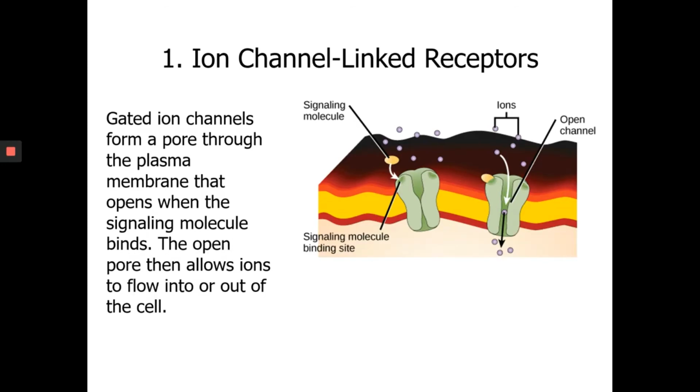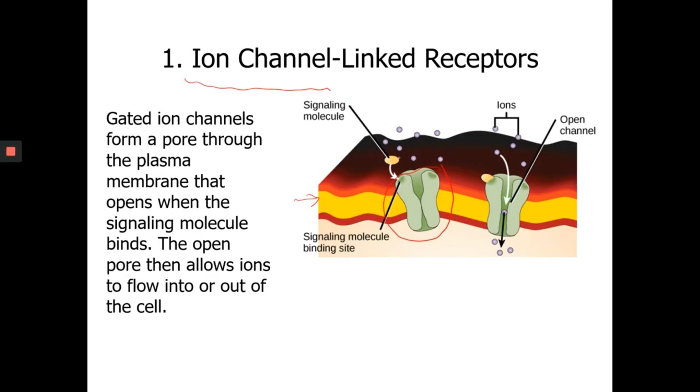Based on the name, this receptor is basically an ion channel. This is the plasma membrane, and these green parts are the cell surface receptor. You have a signaling molecule, the ligand.